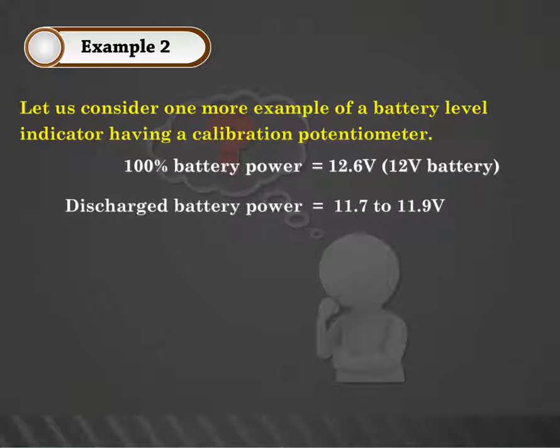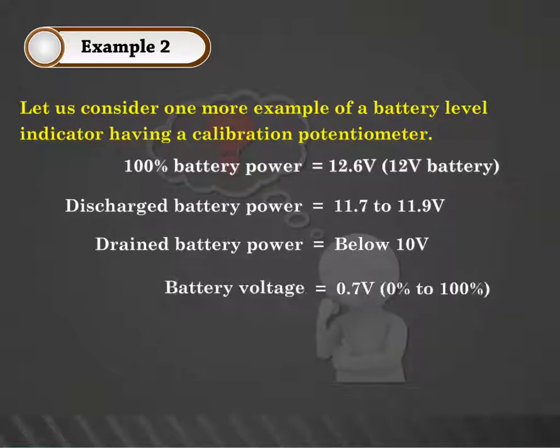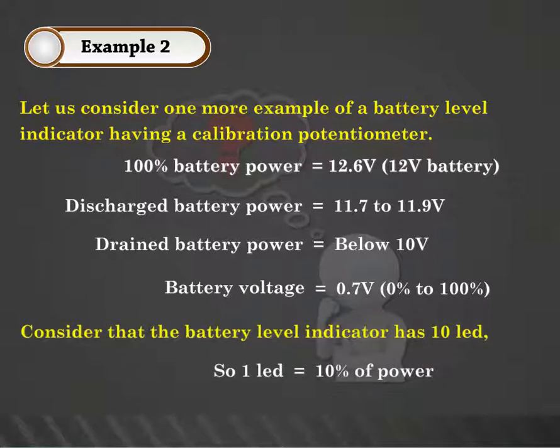Discharged battery power is equal to 11.7 to 11.9 volt. Drained battery power is equal to below 10 volt. Battery voltage range is equal to 0.7 volt for 0% to 100%. Consider that the battery level indicator has 10 LEDs, so 1 LED is equal to 10% of power.